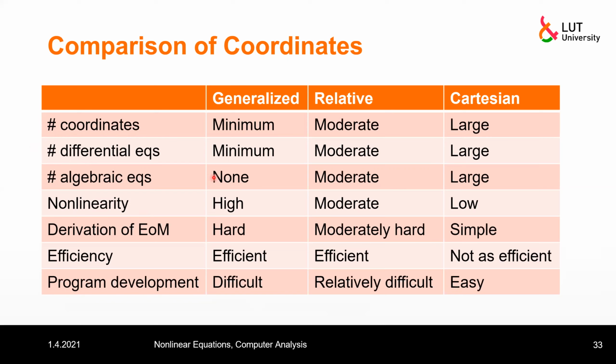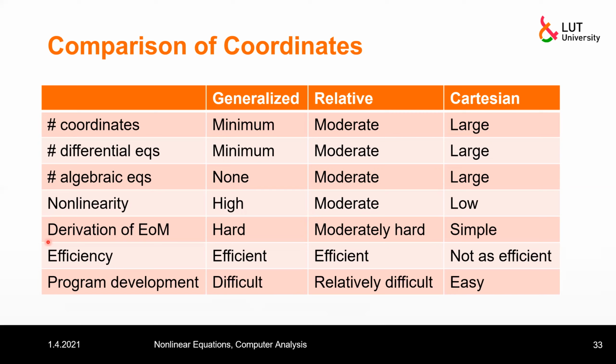Here we had none, because if we have the minimum number of coordinates, we don't need any constraints. Here there are few of them because we have a few extra coordinates, and here there is a large number of algebraic equations. However, nonlinearity is high here, moderate here, and low here, because all those equations look similar and only include a limited set of coordinates.